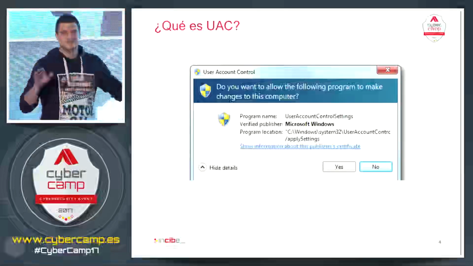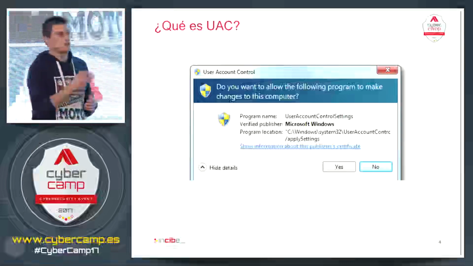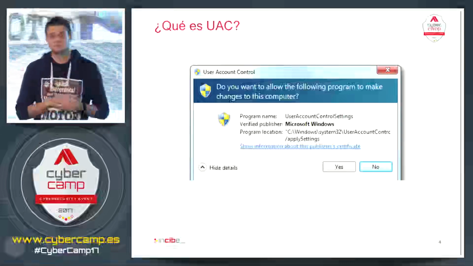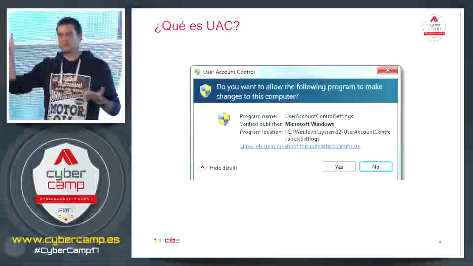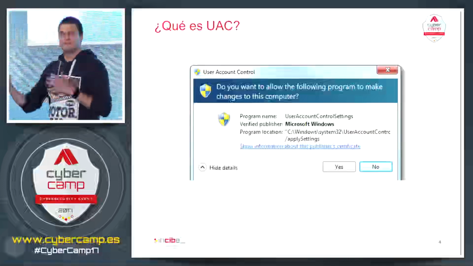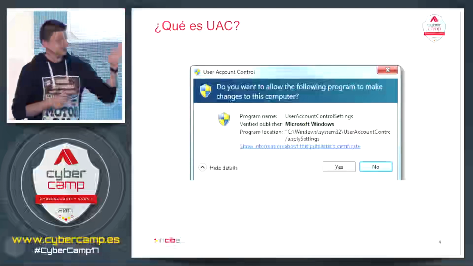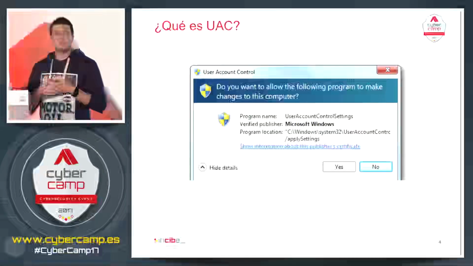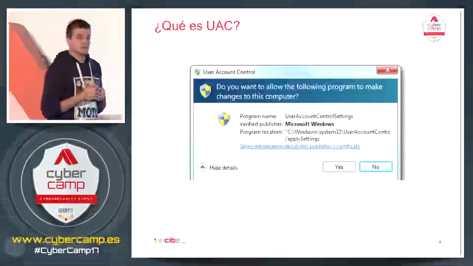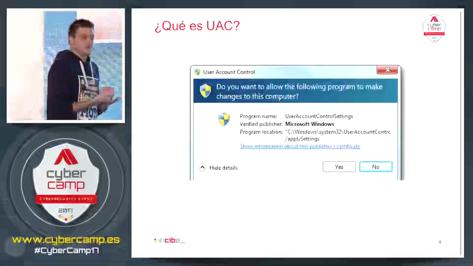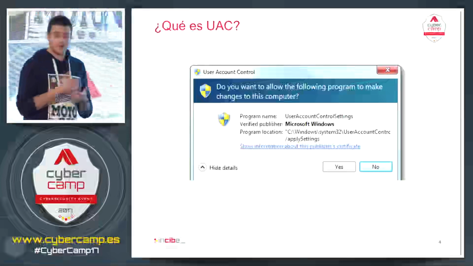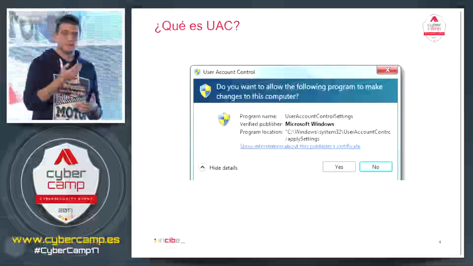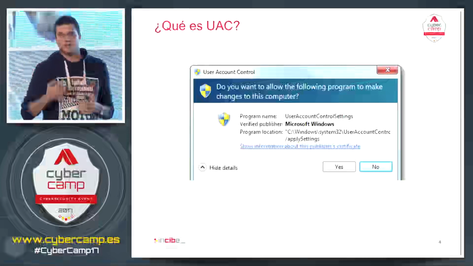So what's UAC? UAC is this message. All of you, whenever you've interacted with Windows, have come across this. Who hasn't? I'm sure you've all seen this yes and no message. This is UAC, User Account Control, a security system of Microsoft Windows since Windows Vista.